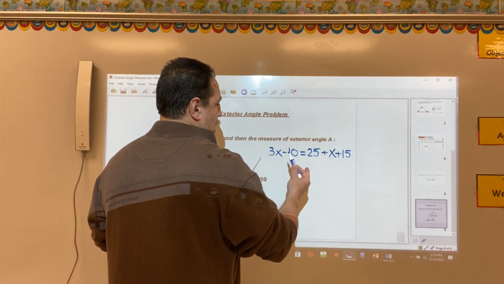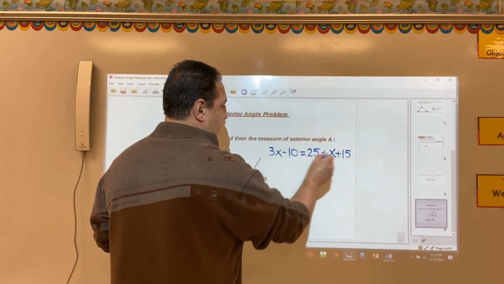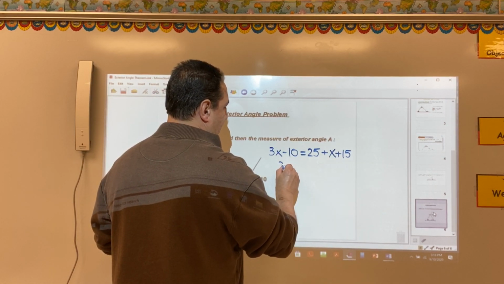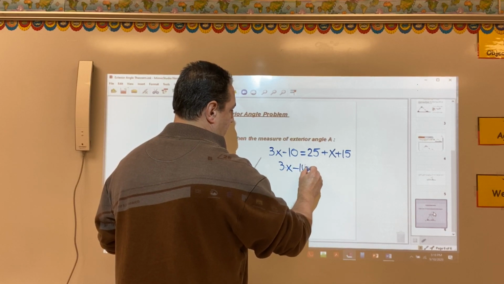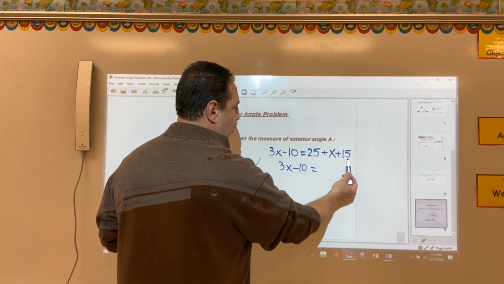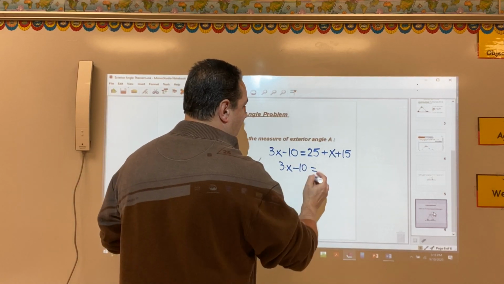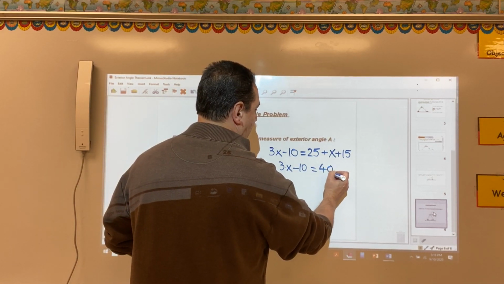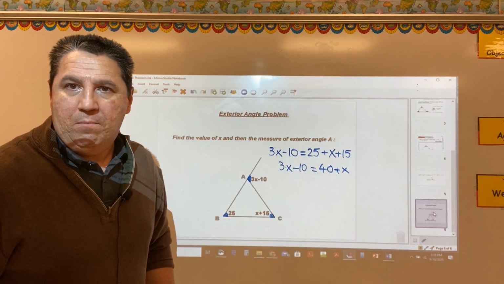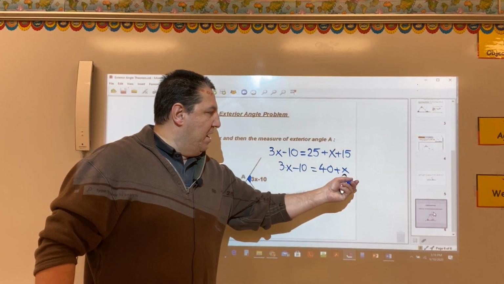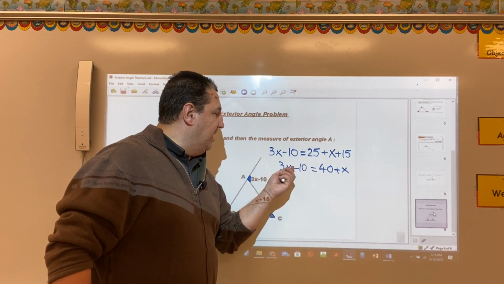First, we simplify the right side. So the left side is as it is, equals. First, we add 25 and 15, and we get 40 plus x. Now, we combine like terms. We combine x terms on the left side.